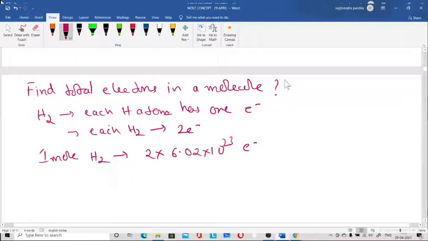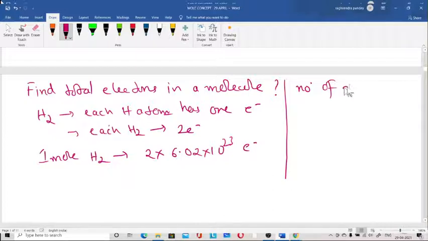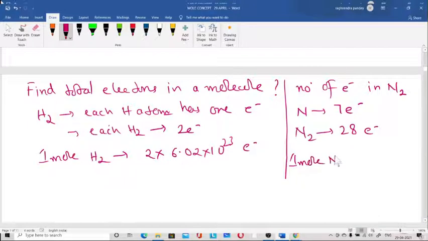Got it. Suppose they ask you the number of electrons in nitrogen N2. Each single nitrogen contains 7 electrons. Atomic number of nitrogen is 7, all of you know that. So N2 contains 14 electrons. 1 mole N2 means 6.02 into 10 to the power 23 molecules, so it will contain 14 into 6.02 into 10 to the power 23.